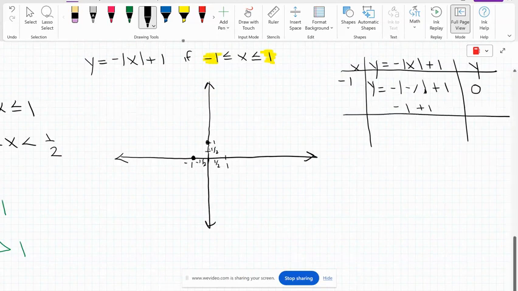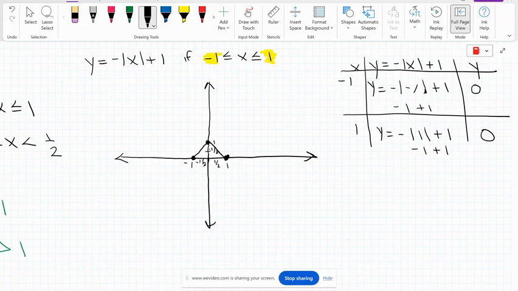All right, then we're going to do the same thing with +1, so y equals the negation of the absolute value of +1 plus 1, so that's -1 plus +1 is 0, so then we're here. So that looks something like that.